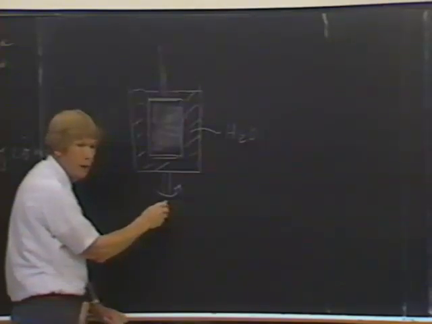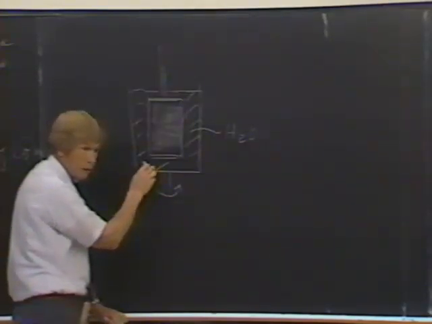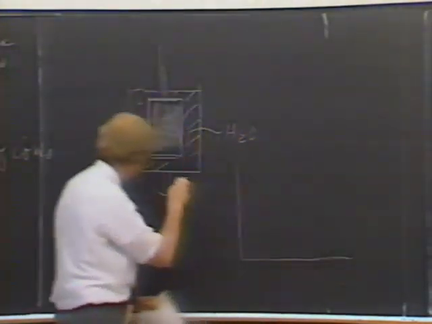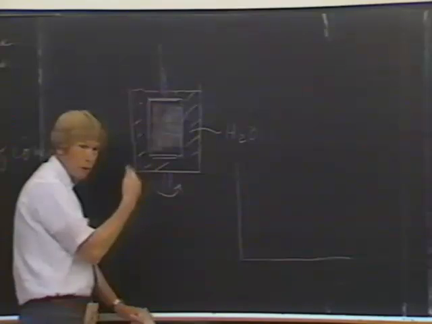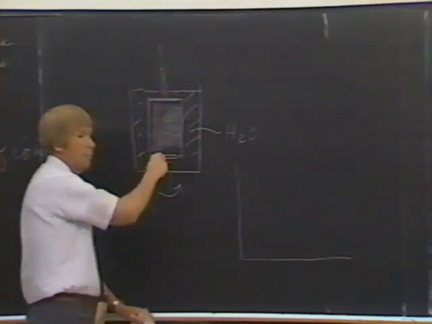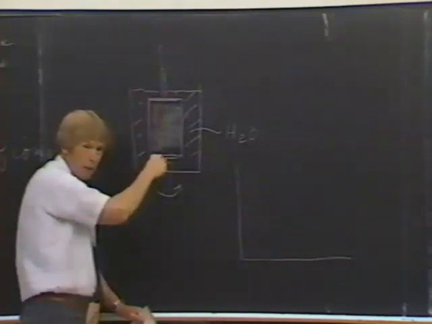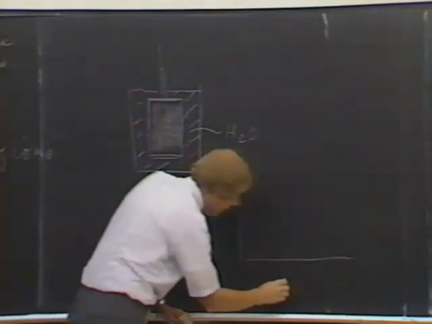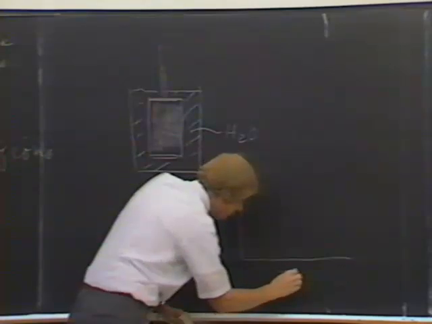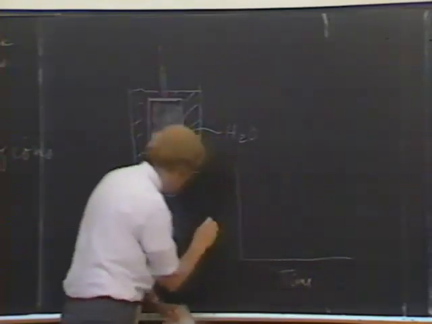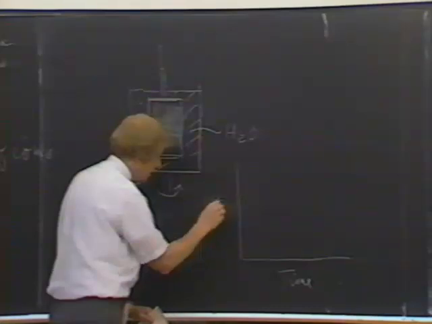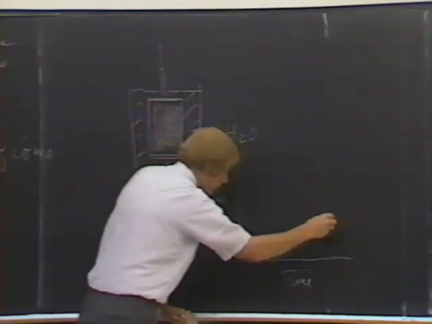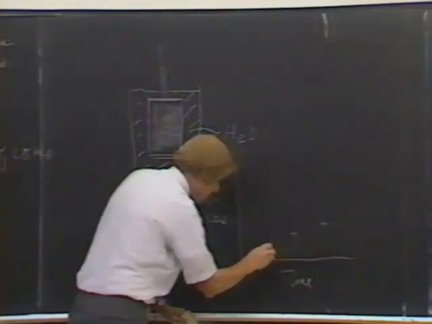And we'd run it for, say, 1 minute, then take the sample out and weigh it, and then put it back in and rotate it for another minute and take it out and weigh it. If you do that, then you find time and weight loss to look like this, as it'd be linear, or this is 0.